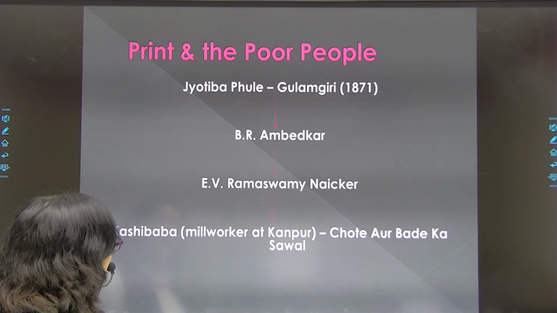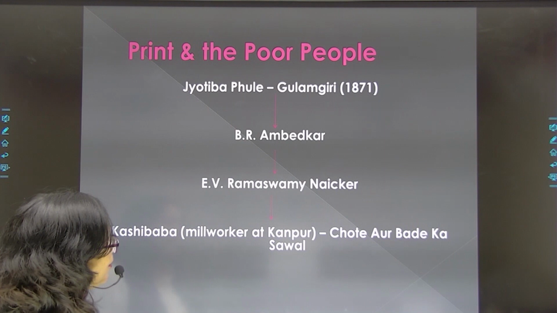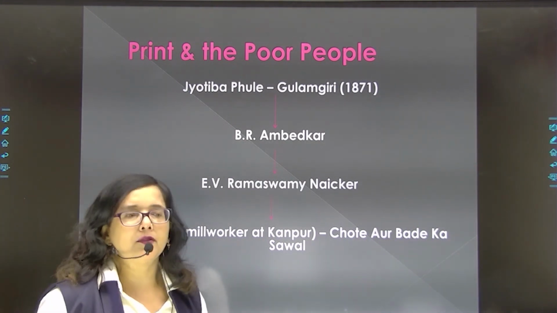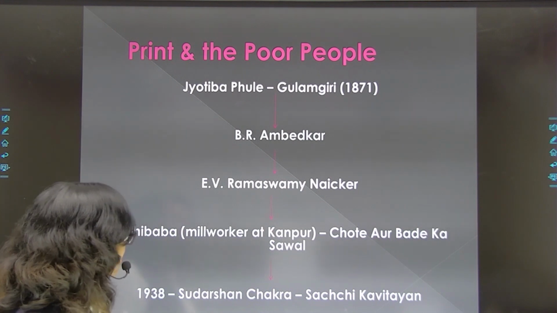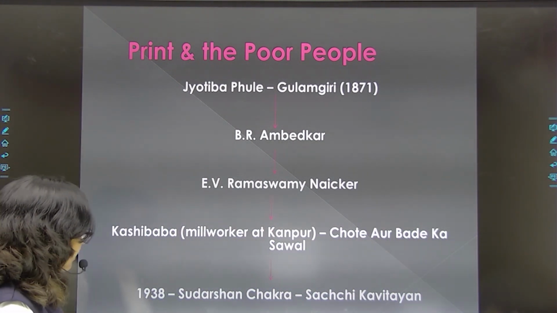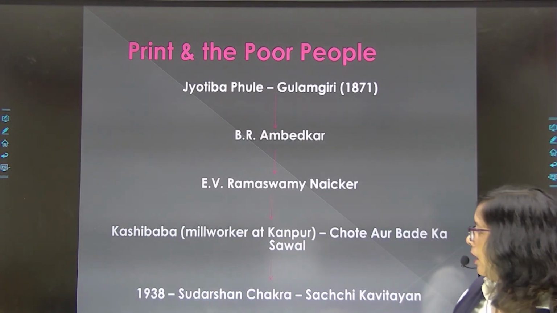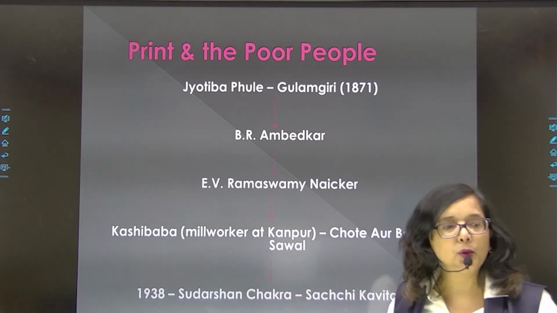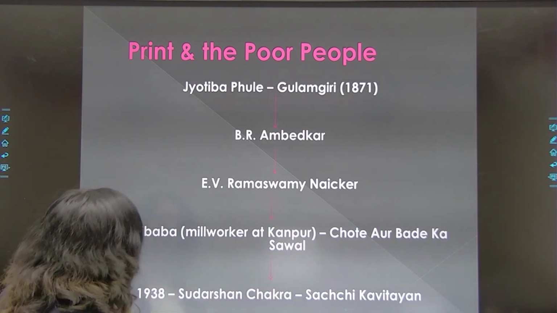Then from Kanpur, there is an example. There was a mill worker known as Kashi Baba who wrote Chote aur Bade Ka Sawal. And we have examples of others like Sudarshan Chakr, who published his poems, known as Sachchi Kavitayen. Although this is his pen name, nobody knows his real name, and he died at a young age.